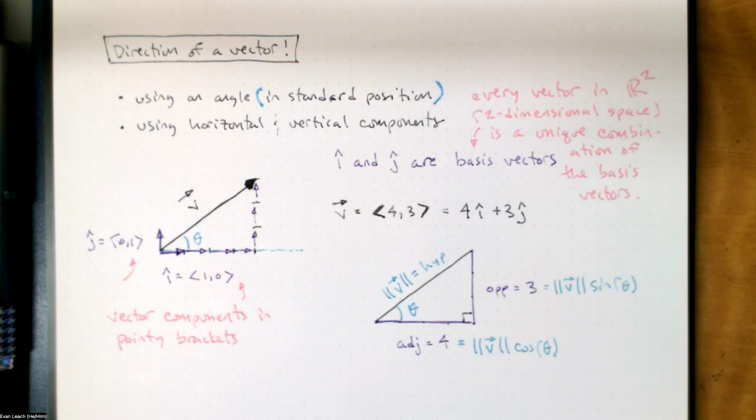Instead of starting off with a vector at some angle and breaking it into components, here we have two components and we're writing down what the vector is, and we're figuring out the magnitude and angle of the vector. Pause here for a moment and come back and talk about vector operations.